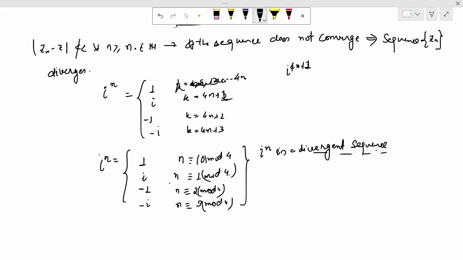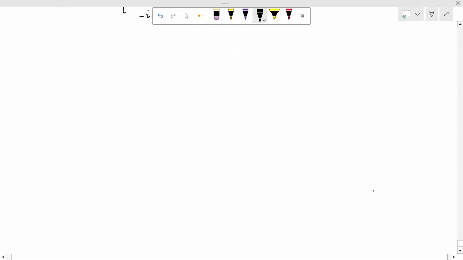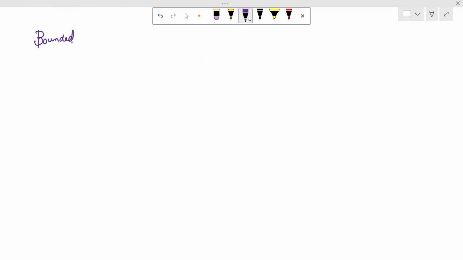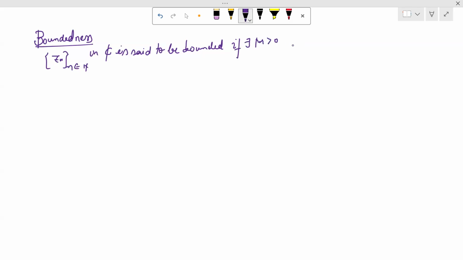Okay, so next we have boundedness of a sequence. A sequence Zn in C is said to be bounded if there exists m greater than 0 such that modulus of Zn is less than m for all n belongs to natural.